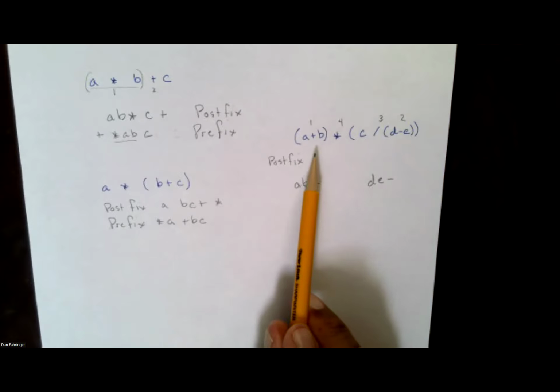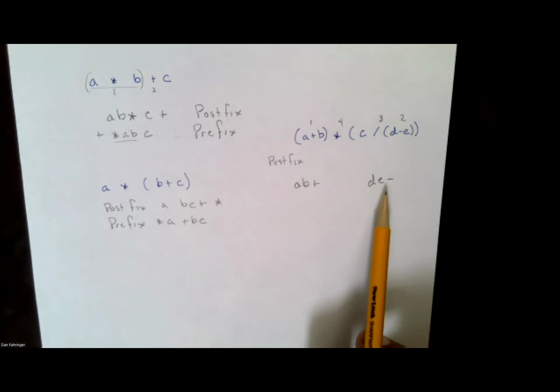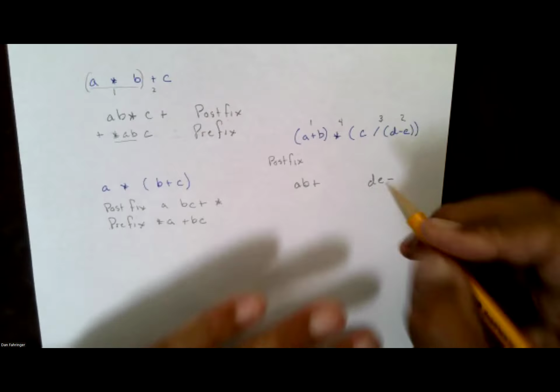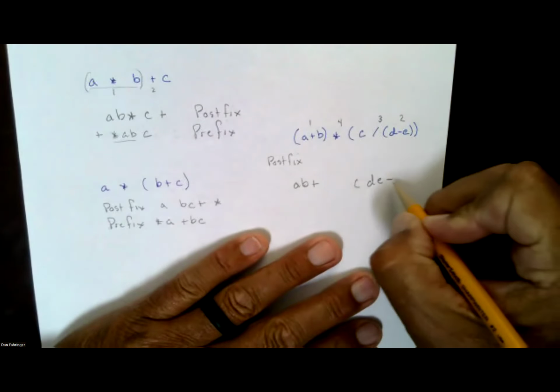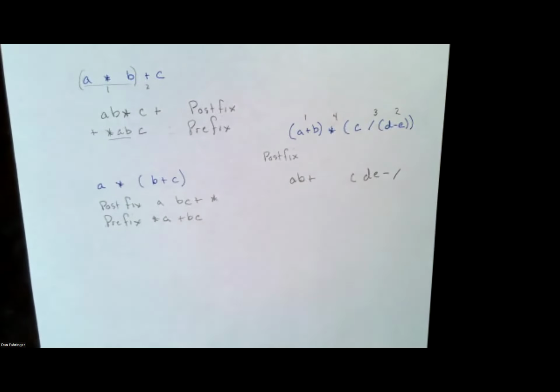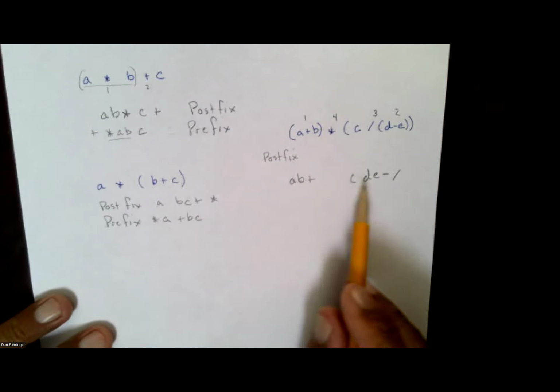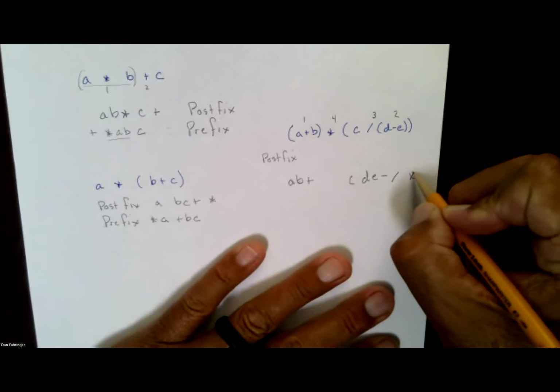AB plus. I got DE minus. Now it's going to be this, that, and slash. And then this term and this term are multiplied together.